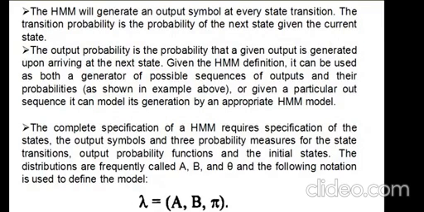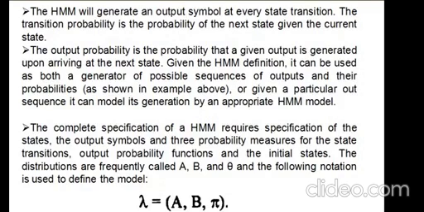Given the hidden Markov model definition, it can be used as both a generator of possible sequences of outputs and their probabilities. Listen to this: the output probability is the probability that a given output is generated upon arriving at the next state.